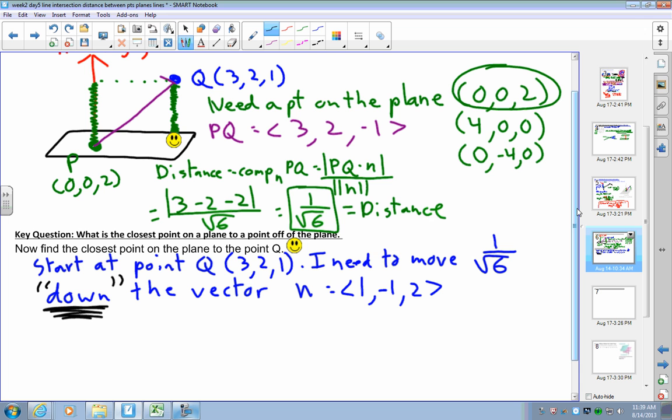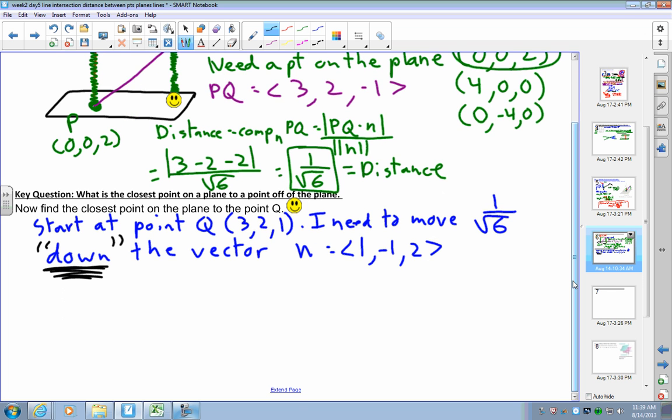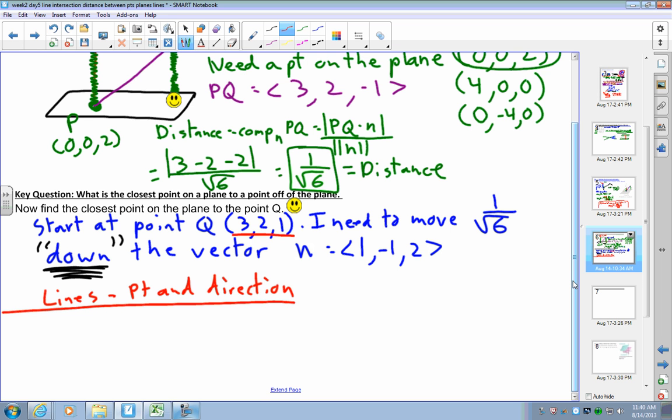Okay? So, to do this, I want us to think about lines again. And lines, like that last slide, you need a point and direction. Do we have both of those for a line? Yeah. We already have the point, 3, 2, 1, and we have this direction, 1, -1, 2.